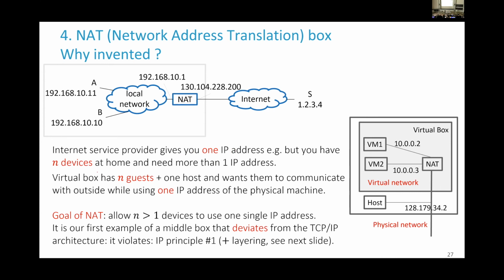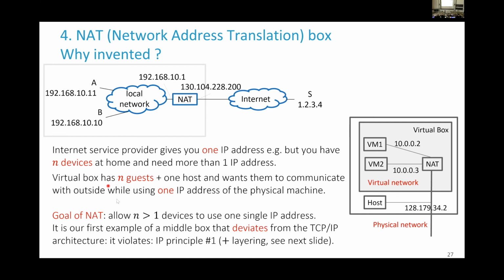This is what happens with IPv4 today. You probably have a printer, computers, and if you look carefully into your ADSL modem, you would be surprised how many IP addresses have been allocated, which violates the IP architecture, right? The IP architecture says one interface, one IP address. Now we want to reuse the same IP address for many devices here.